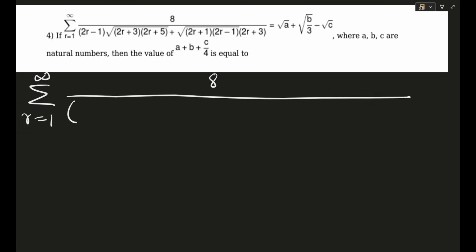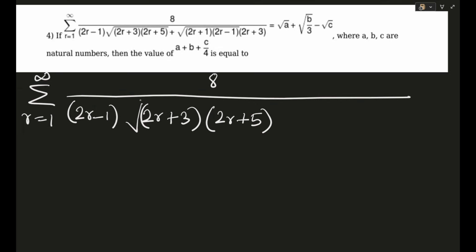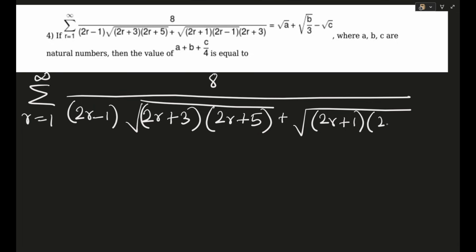Okay. So moving on to the next question, guys. Here is the next question, and I guess this will not be a very difficult question. So this is sigma r equals 1 to infinity 8 whole divided by 2r minus 1 root under 2r plus 3 into 2r plus 5, and this is a plus of your root under 2r plus 1 into 2r minus 1.